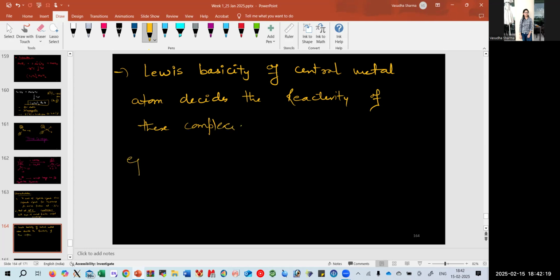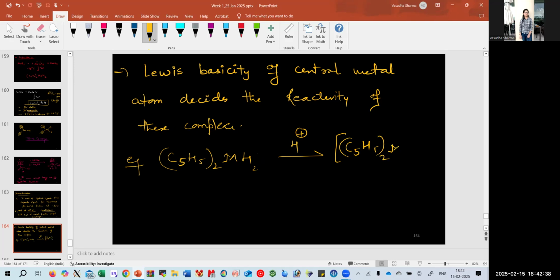Say, for example, we have (C5H5)2MH2. If we are giving a proton source, it is prone to protonation, making MH3 positive, where M is molybdenum or tungsten.